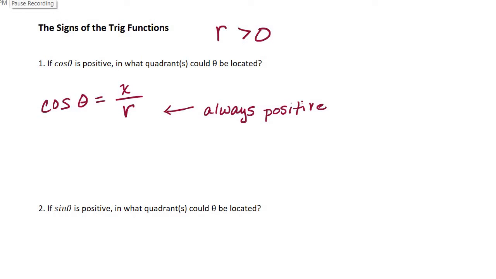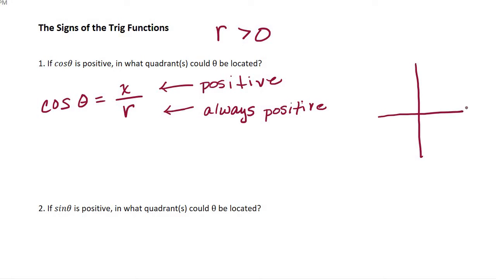So you have a positive divided by a positive, which will be a positive answer. Now I just need to look at my quadrants and figure out where my x values are positive. Well, x values are positive in quadrants 1 and 4. So cosine theta is positive in quadrants 1 and 4.